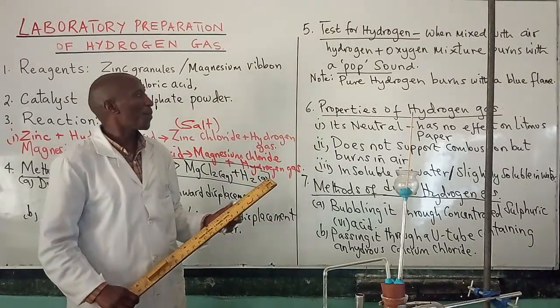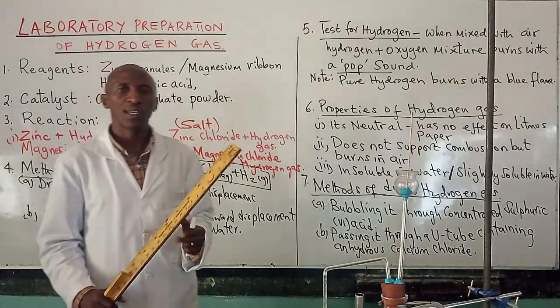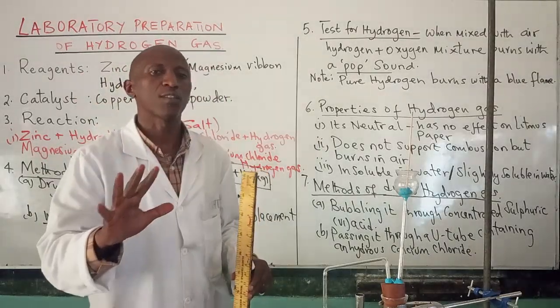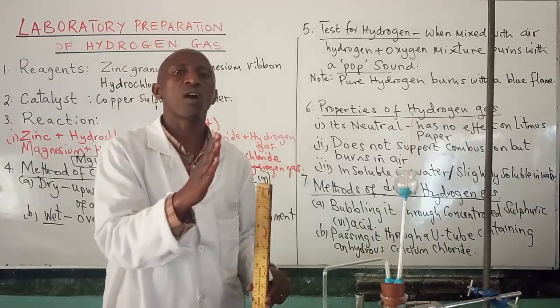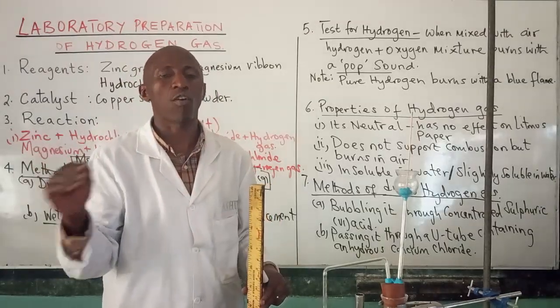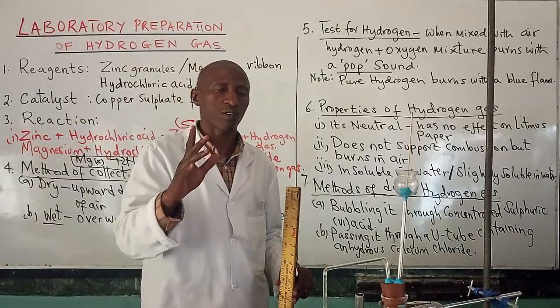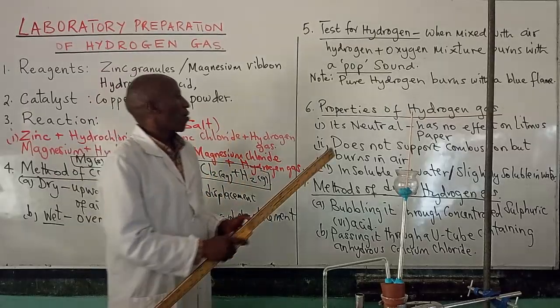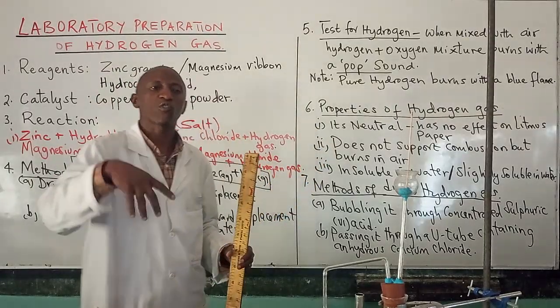We revisit properties of hydrogen. Number one, we find that it is neutral, meaning it has no effect on the litmus paper, and it is neither acidic nor basic or alkaline. It is not alkaline, it's not acidic, it's neutral. Now, we had made that point on the fact that it does not support combustion.